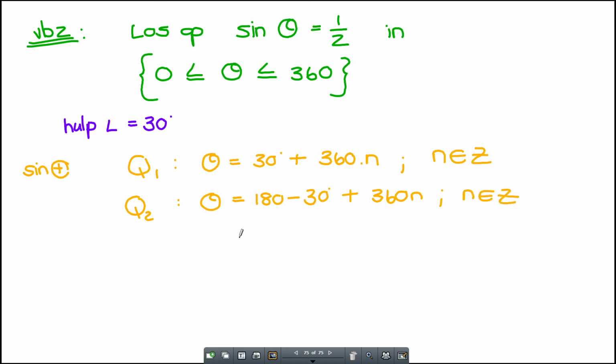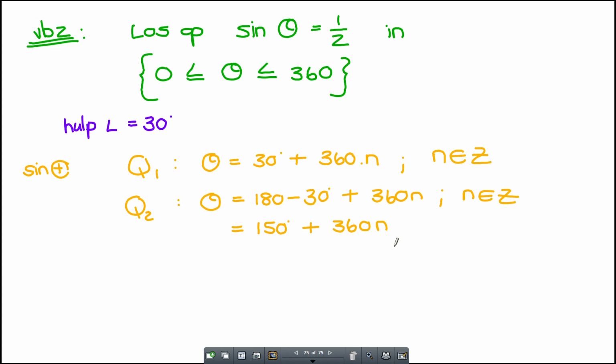So now we simplify, and that will give me 150 plus 360n. And because I wrote that n element to all whole numbers over there, or integers, dan hoef ek dit nou nie weer hieronder te gaan skryf nie. Okay. So nou het ek my algemene oplossing. Is julle nog by my? Huh? Nou het ons die algemene oplossing.